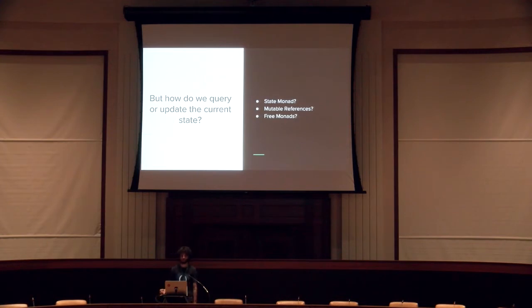Free monads could be a good idea to do the same thing. In our implementation of the free monad in our interpreter, we could just use mutable references like IORef. The advantage here would be that we could combine this with different side effects you might want to do outside of DOM manipulation, right?